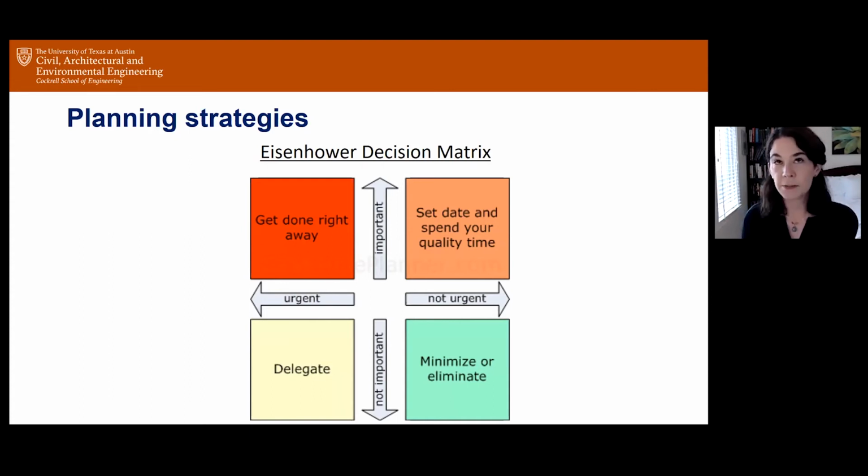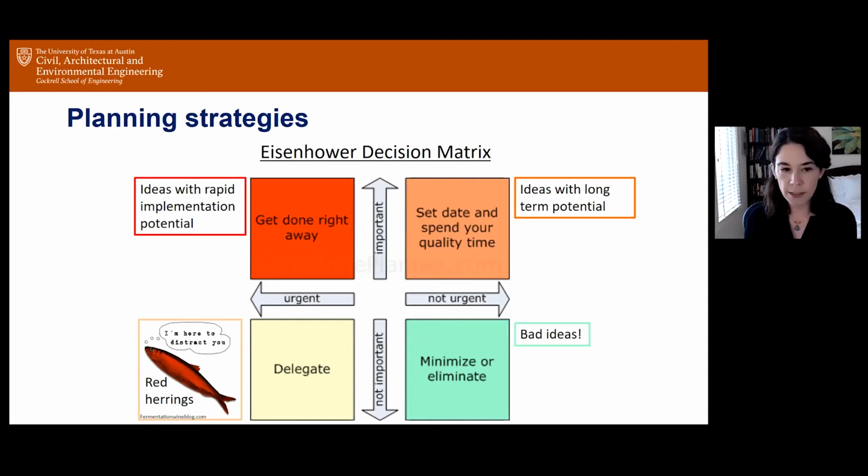But what I like to do is change it up a little bit, because we can use the same sort of decision matrix to think about how to prioritize research. When we think about research, if something's urgent and important, that means that, at least from an engineering perspective, these are ideas that have rapid implementation potential.